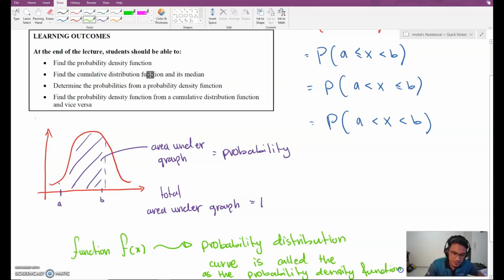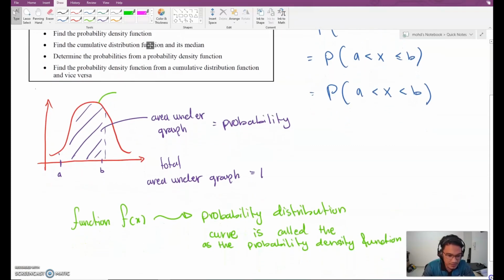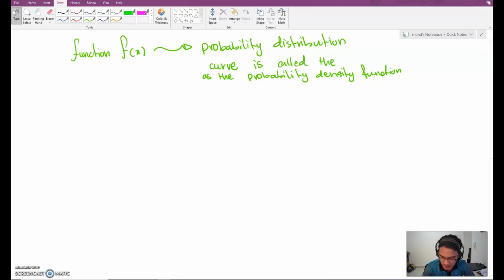This means the curve that I draw on the graph is what we call the probability density function. It has the following characteristics. First, the function must always be bigger than or equal to 0, which means the graph can never be negative and must always be above y equals 0.